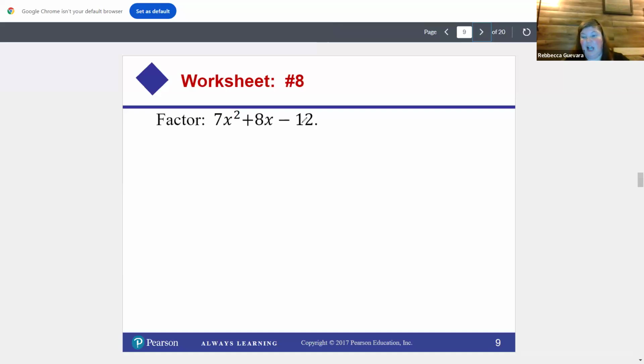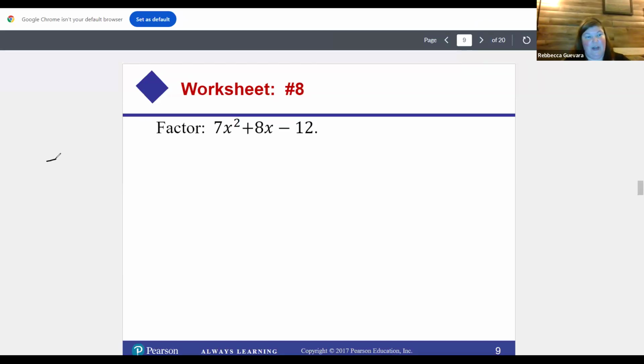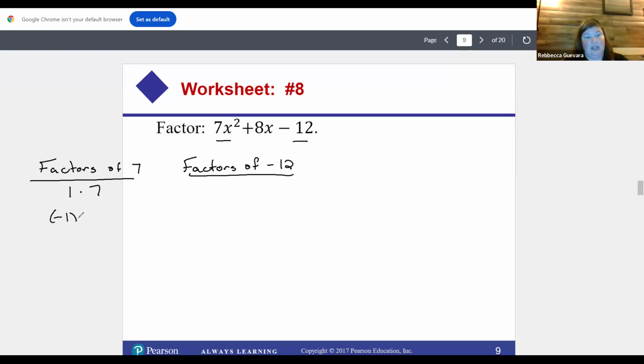So this one, there's nothing common I can factor out, so I need factors of 7 and factors of -12, because I'm just concerned with the ends. So not everything here is a positive, so just keep that in mind. You have the choice of 1 and 7, or -1 and -7 for 7.